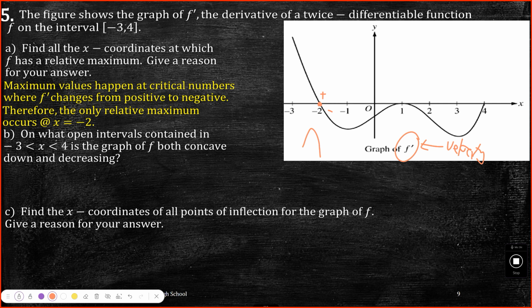So where is it concave down? This is f prime. And where is it concave down? Isn't it concave down when the slopes are negative?